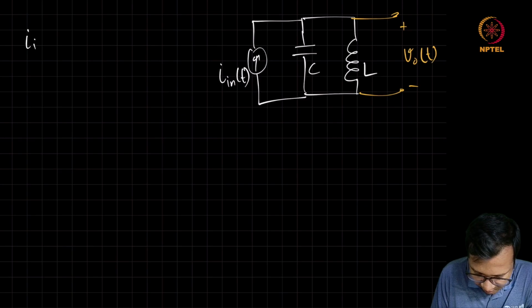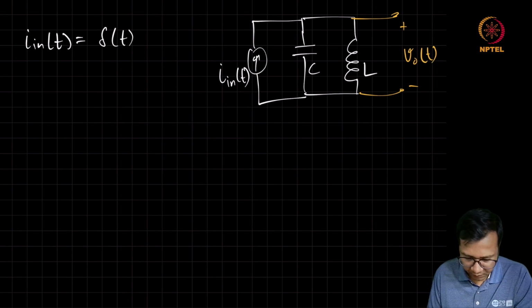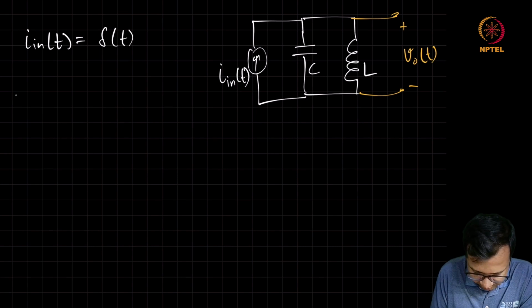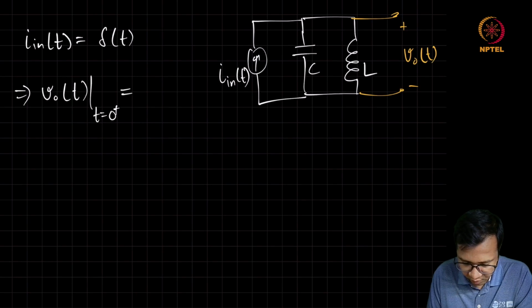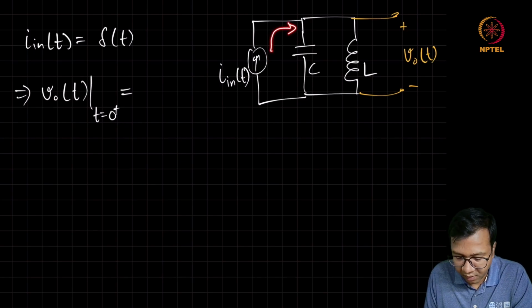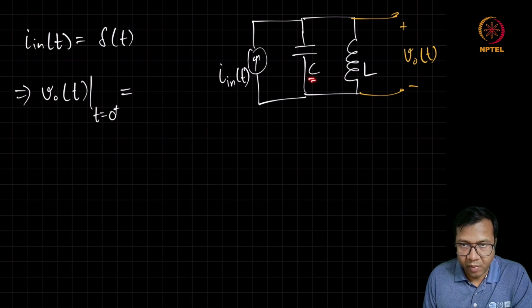So if I in of t is, let's say, a unit impulse current, the output voltage at t equal to 0 plus is going to be equal to, so this impulse current is going to flow in this parallel combination, and because of the sudden change in the current, the entire current is going to flow only through the capacitor.